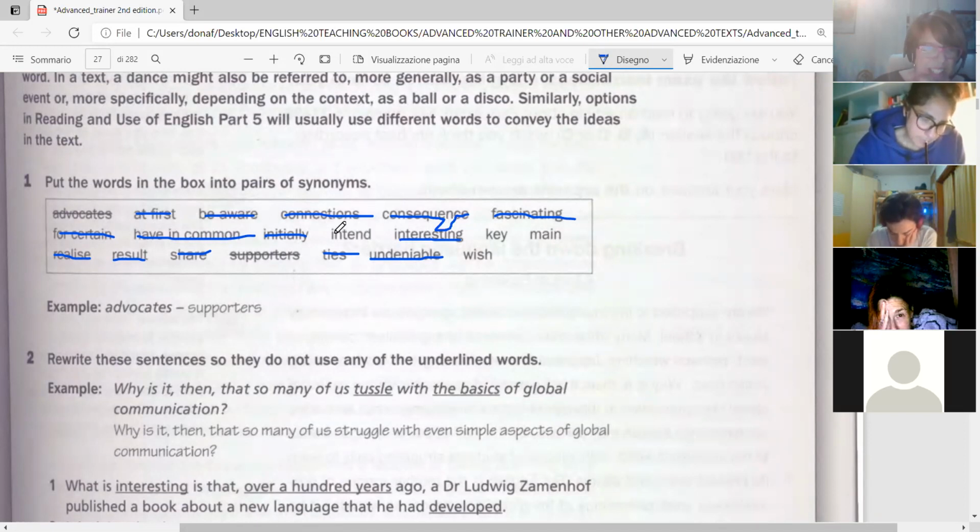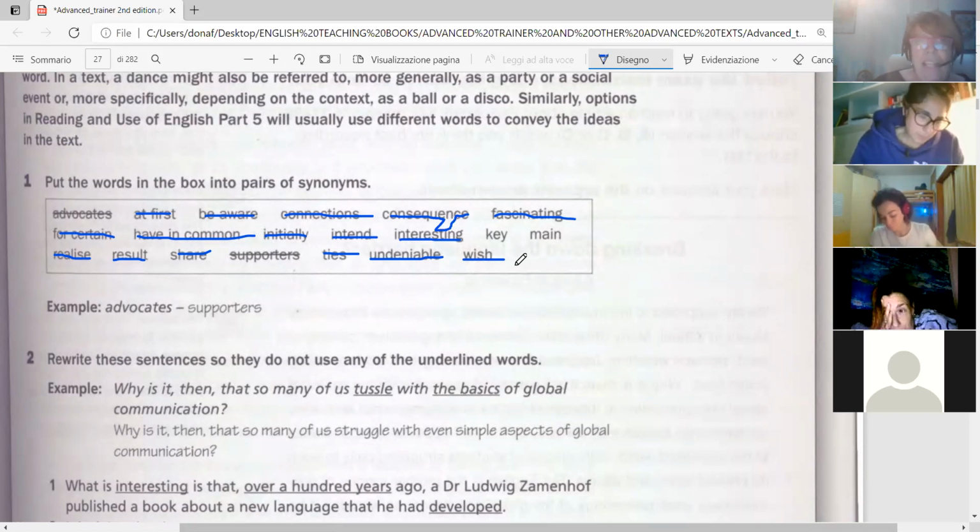Initially was already done, cancelled. You got to intend. Main, no. Okay, they actually go together, so is intend. Sorry, intend, which is the meaning? Intend is like wish. Ah, okay, perfect. Intend to go, I wish to go, for example.